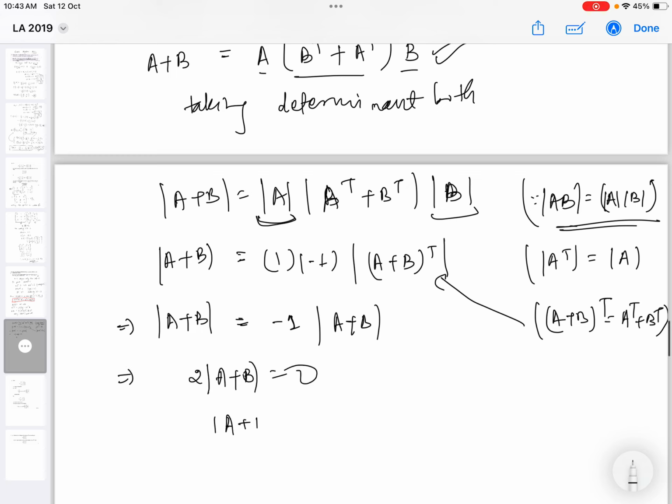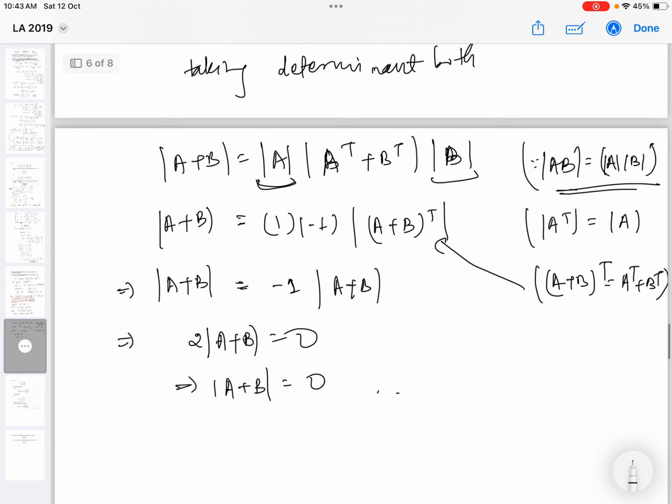This implies that the determinant of A plus B is 0 because 2 is not 0. Hence proved.